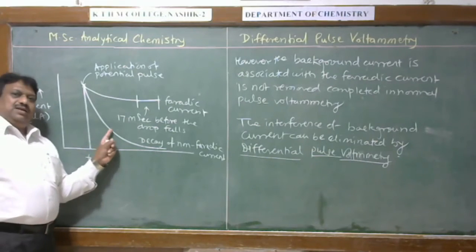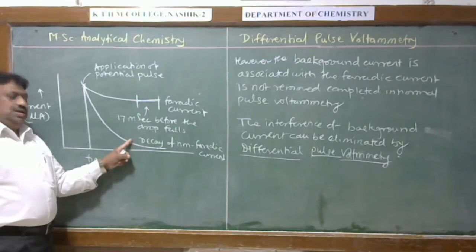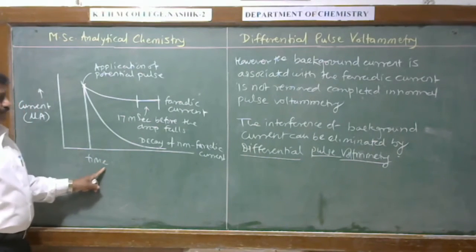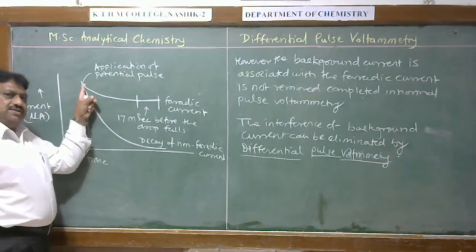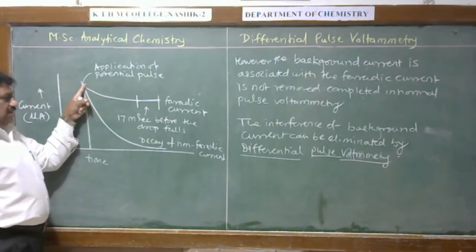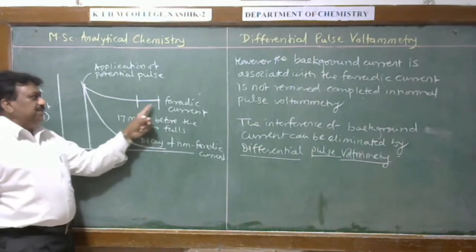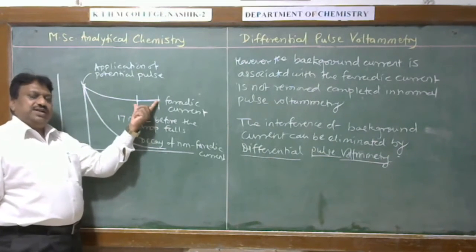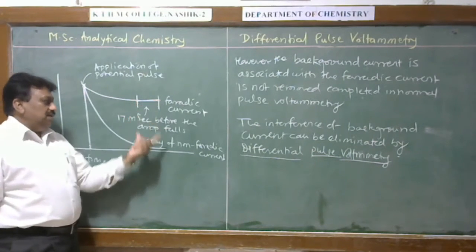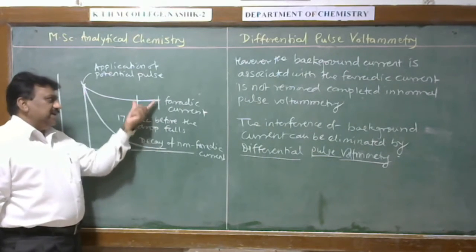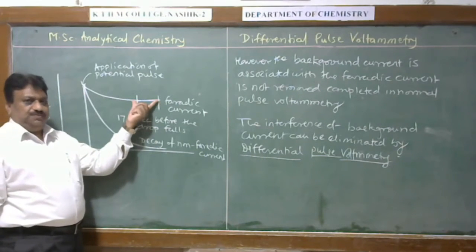This is the potential pulse application program shown in normal pulse voltammetry, and in this case we observe that when we apply a potential pulse to the working electrode, there is a larger decay of non-Faraday current, and we can carry out the current measurement 17 milliseconds just before the drop falls into the analyte solution, where the magnitude of non-Faraday current is negligible, nearly equal to 0. Therefore, the Faraday current is more.